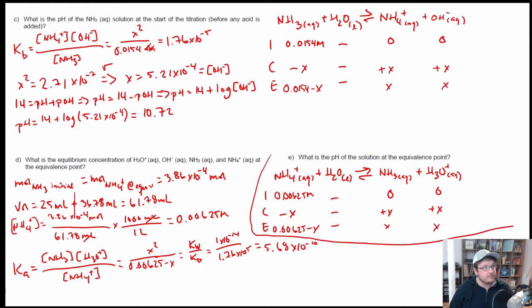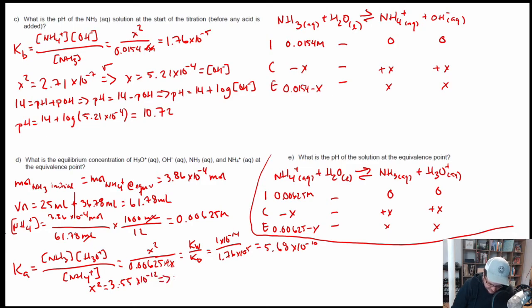So now, to make our lives easier, we can attempt the 5% approximation again, where we consider that X to be negligible. And so what we get is X squared is equal to 5.68 times 10 to the negative 10 multiplied by 0.00625, which gives 3.55 times 10 to the negative 12.